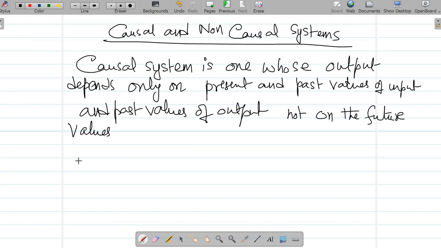A non-causal system is, if a system is dependent on the future values, then the system is a non-causal system.